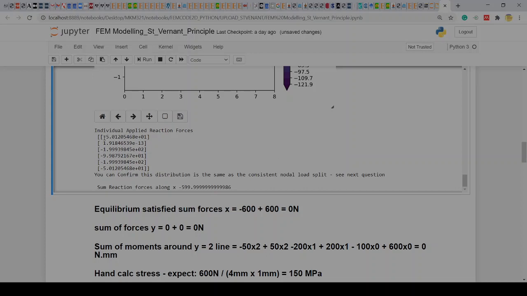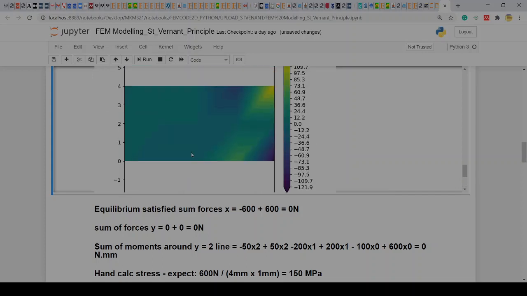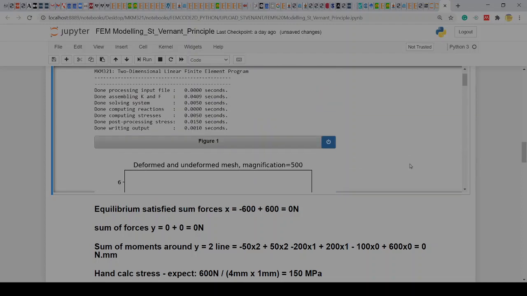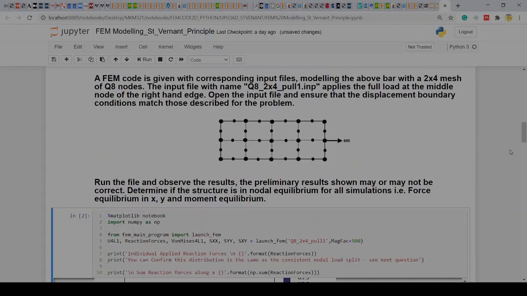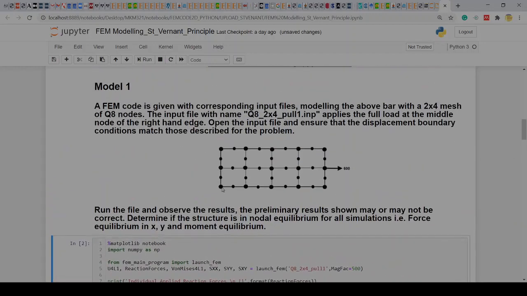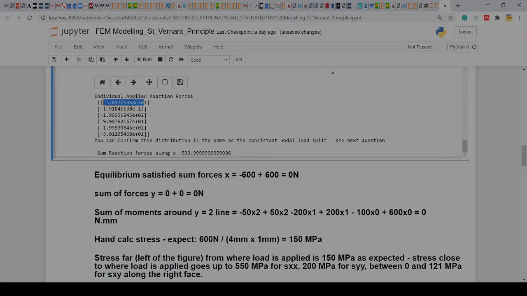So the reaction forces, if we go essentially from these nodes, so let me show you here. So let's go down there. It's here that I want to show you. If I show you the reaction forces going from here to here to here to here to here, they are essentially minus 50. Okay.